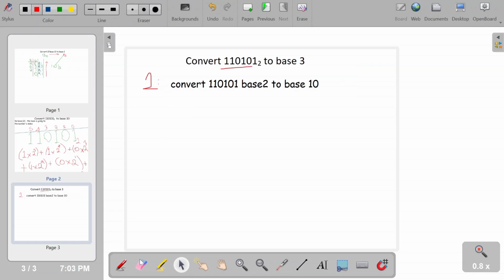Then our second step is to get that value. Our value was 53 base 10.